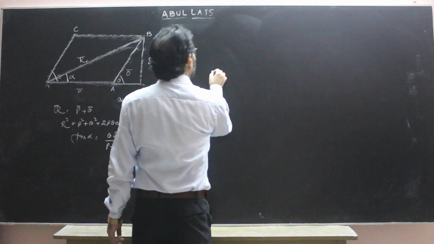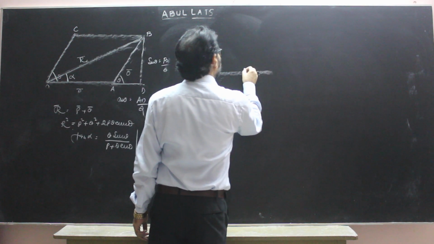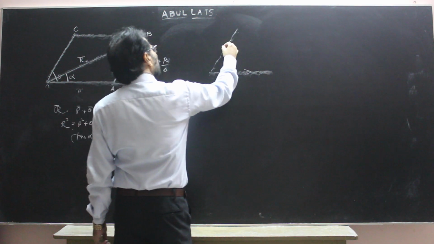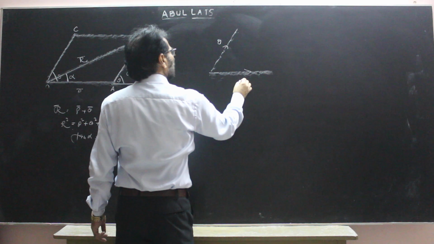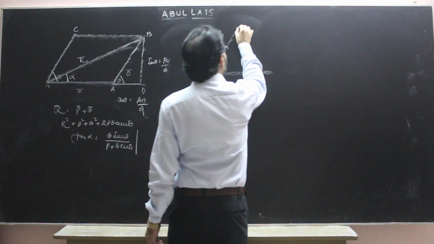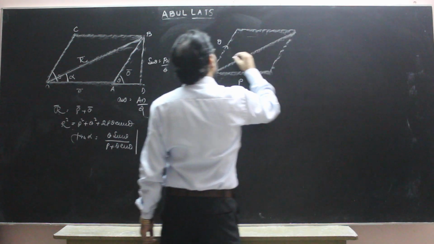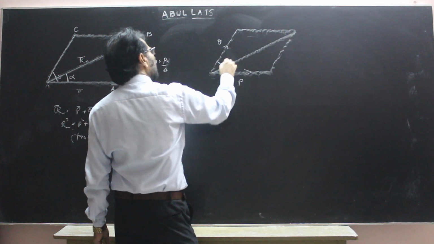Now if this is P and this is Q, and this is R, the angle between P and Q is theta.